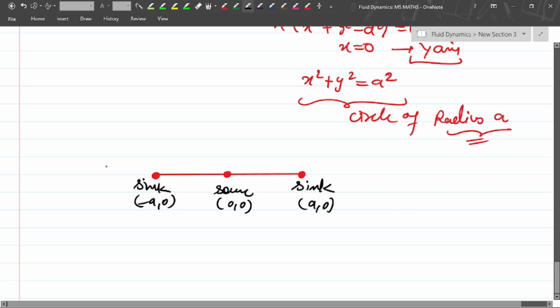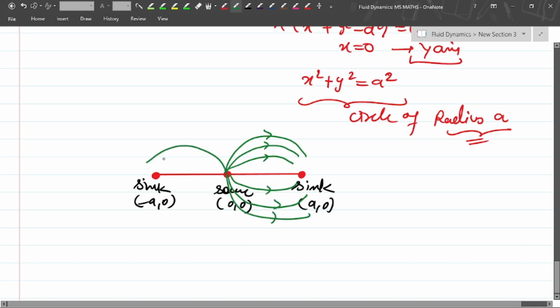So it will be in a circular form in such a way that from source to sink, like this, a family of circles is here, along y-axis, a family of circles. So this is the rough diagram of the stream lines. These all are the stream lines.